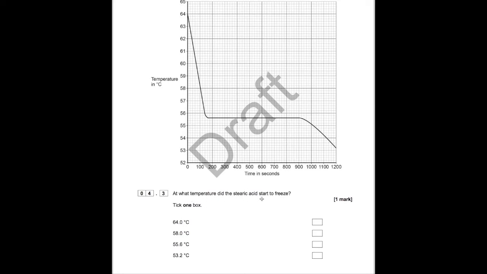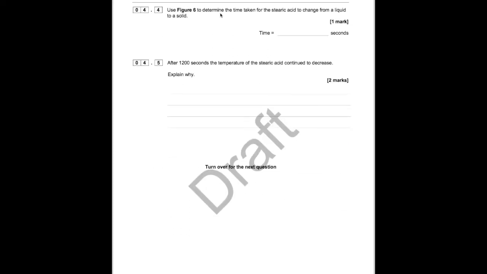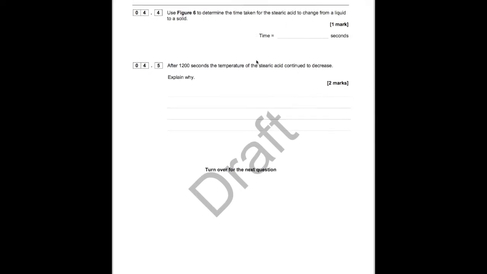What temperature did the stearic acid start to freeze? It's that temperature there, which is 55.6. Yeah. Use figure 6 to determine the time taken for the stearic acid to change from a liquid to a solid.